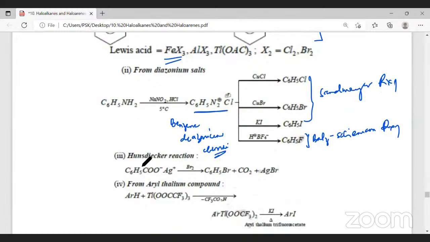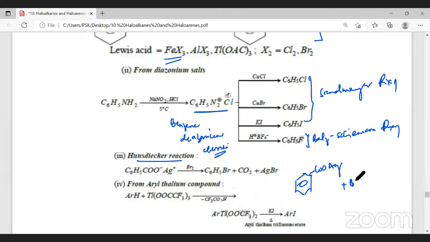One more method is the Hunsdiecker reaction. What is this Hunsdiecker reaction? Silver salt of benzoic acid, silver benzoate, C6H5COOAg.